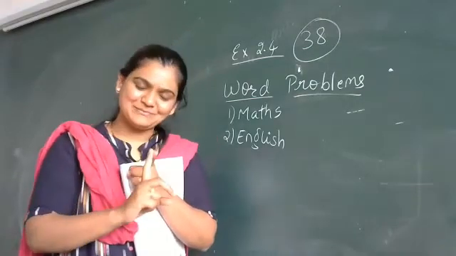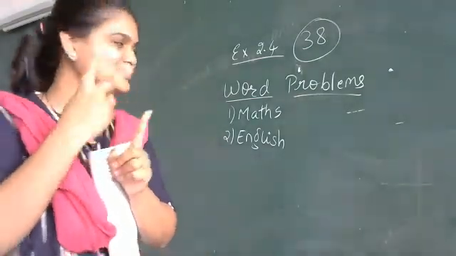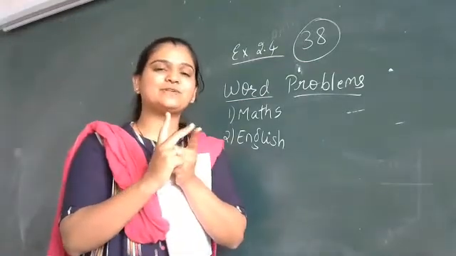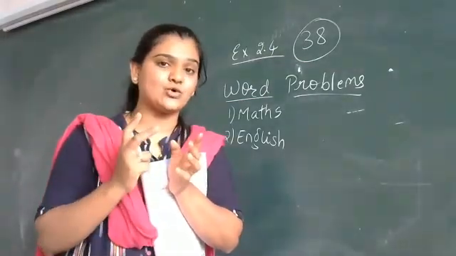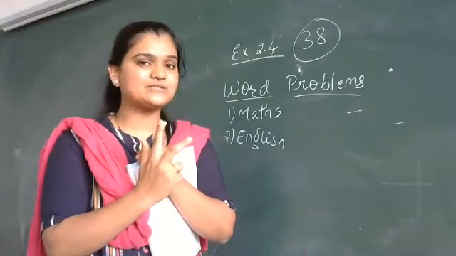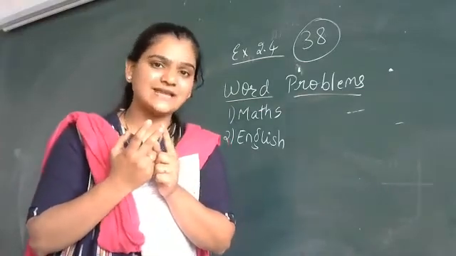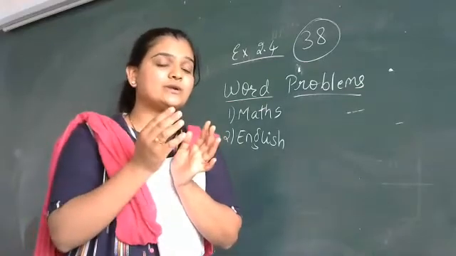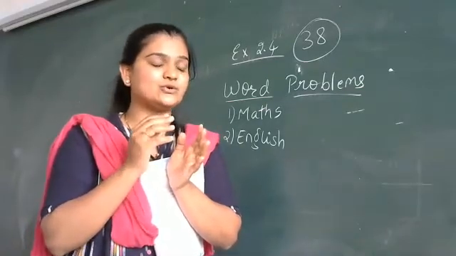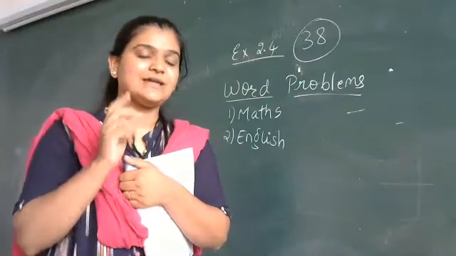Priya and Reena. Both friends will get some mangoes. 10 mangoes Priya will get and 15 mangoes are brought by Reena. What is the total number of mangoes both friends have?